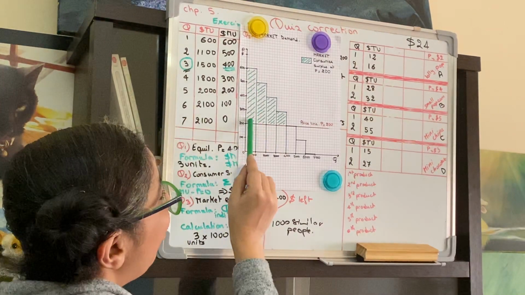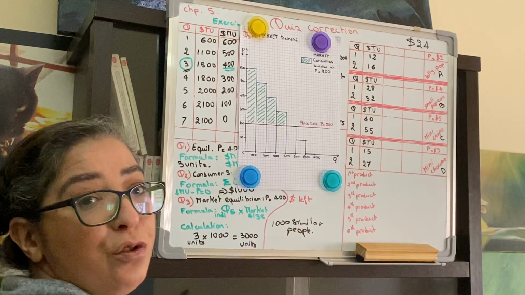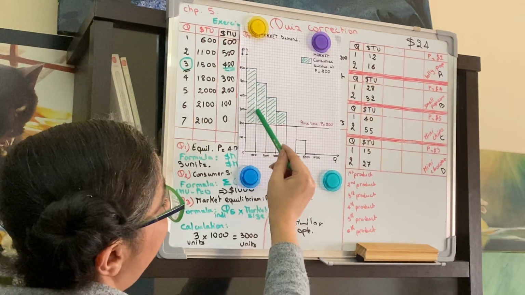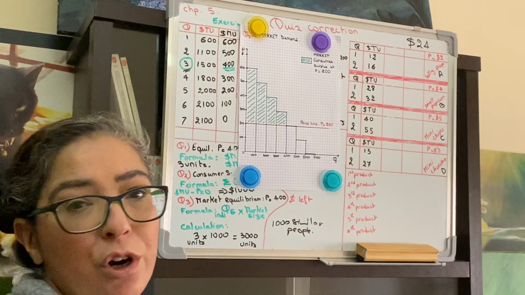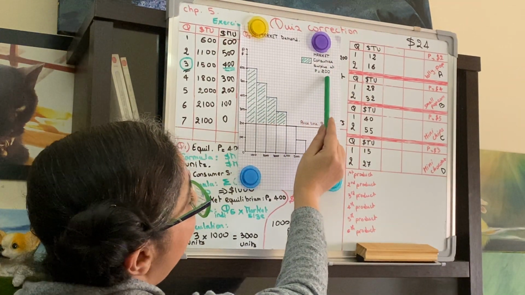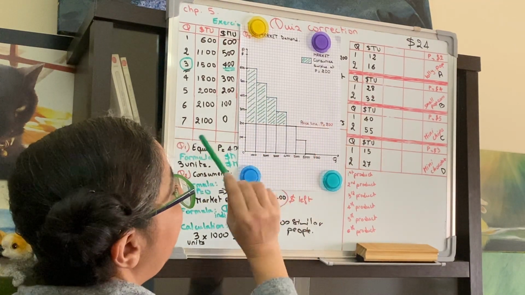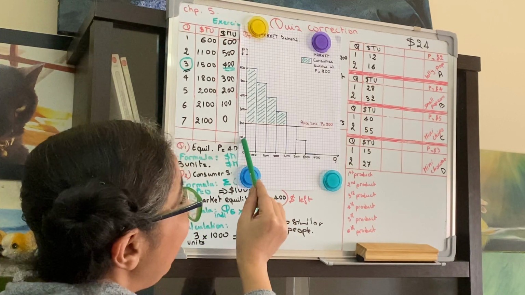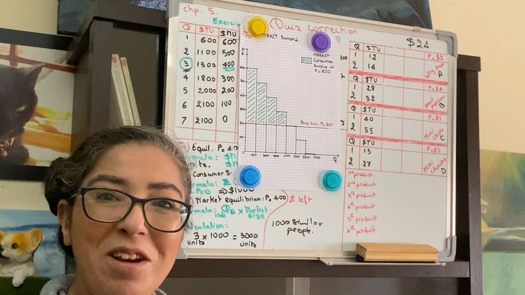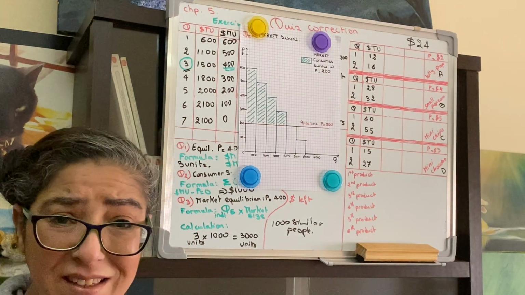So it is your surplus. So whatever is above the line is your surplus, and you just put a shadow or color it, and it shows you the surplus. So market surplus at price 200. If you increase the price, the market surplus decreases. If you decrease the price, the market surplus increases. Okay? So here it is for the first exercise.